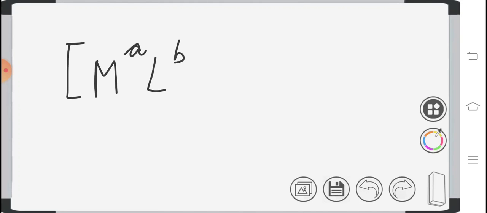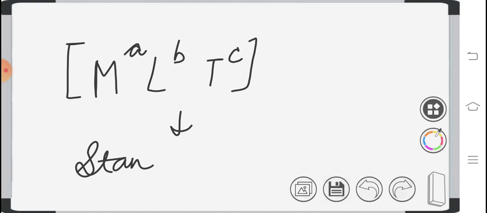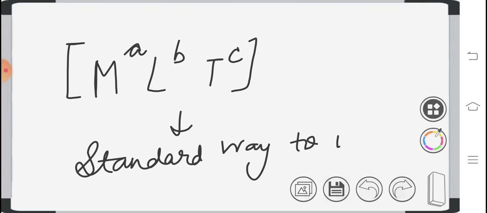Also, whenever we write a dimensional quantity, we write it in this form: M to the power a, L to the power b, T to the power c. This is the standard way to write a dimensional quantity.